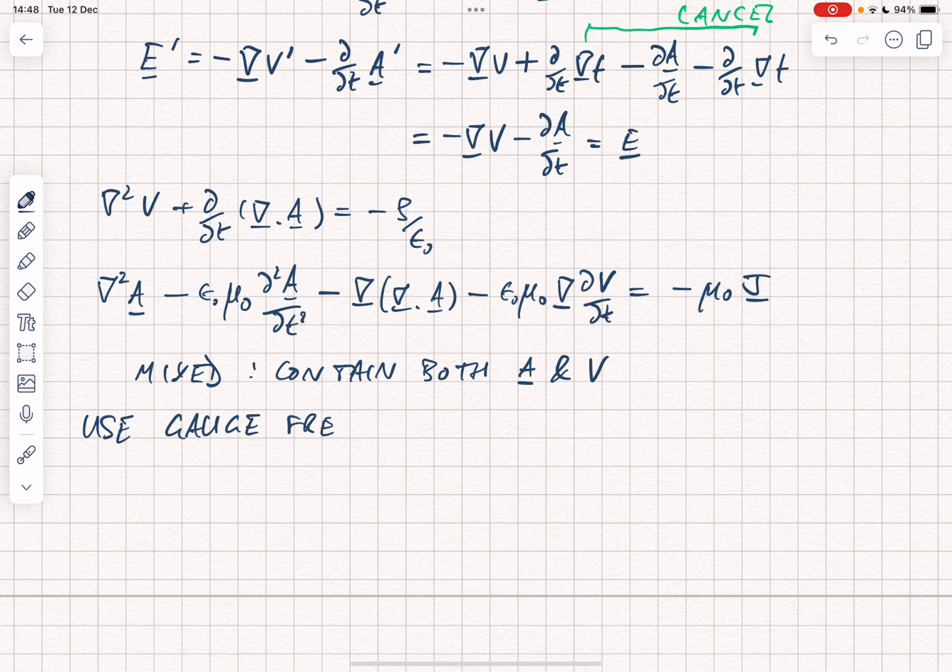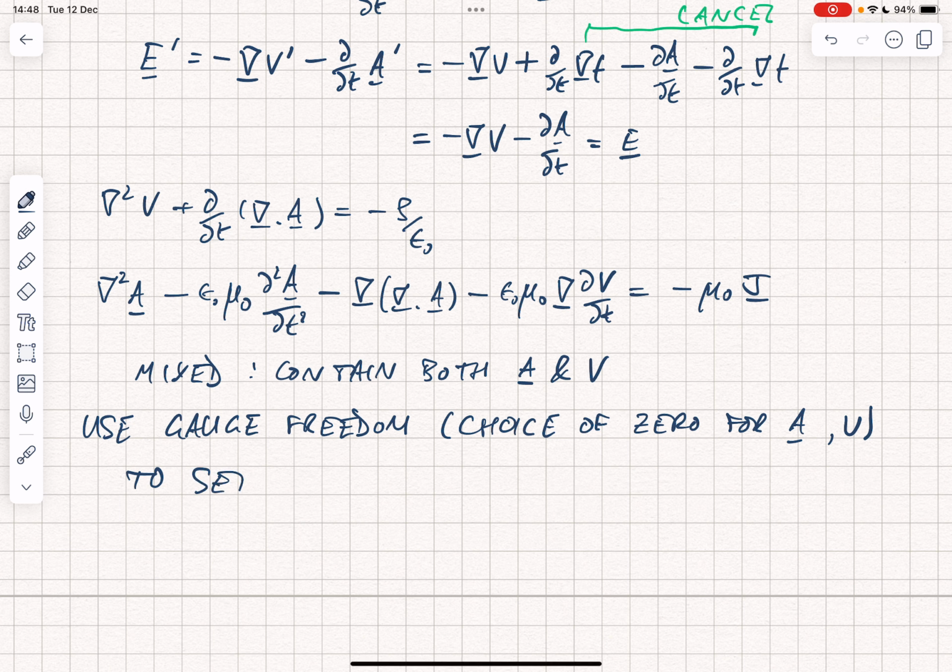The gauge freedom is simply the choice of the 0, in effect, for both A and V. And we're going to use that gauge freedom to set the value of div A, the divergence of A.